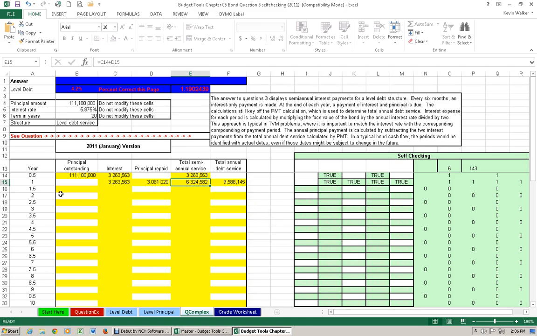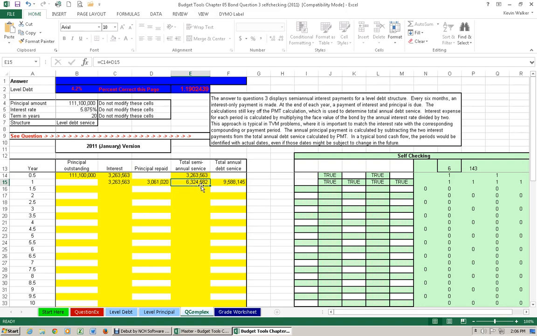So in year one, your principal outstanding, you start with 111,100,000. You paid 3,263,563 twice. All right. You split it in half. You just did the calculation and divided by 2. Then you calculated your principal repaid. Then you figured out what your semi-annual service was, which is this, and then what your total semi-annual service was.